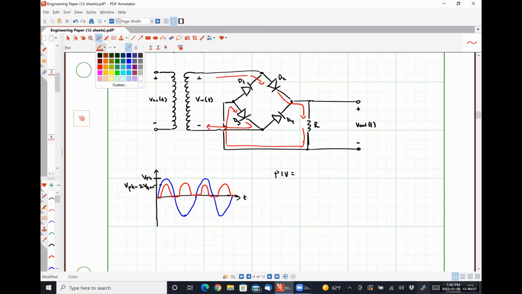Okay. So let's look at this voltage. Let me do it in blue. Sorry, that should be D4. And let's do this voltage right here, which is VD3, okay? So if we're looking at the reverse bias voltage for D4, which is how I've defined these polarities, we could see that VD4 is just V out plus VD3, right?